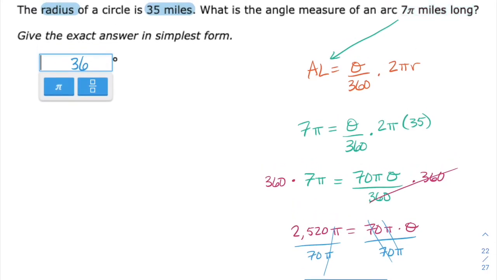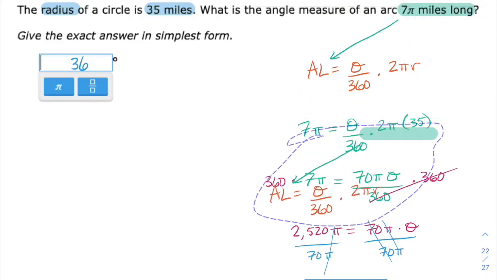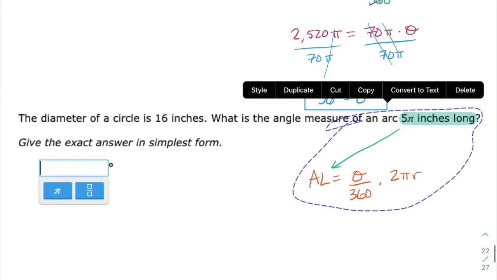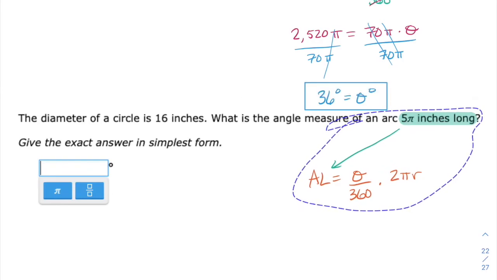And let's see. Let me pull this again. So we have 5 pi inches long, and we have a diameter that is 16. So let's be careful though.